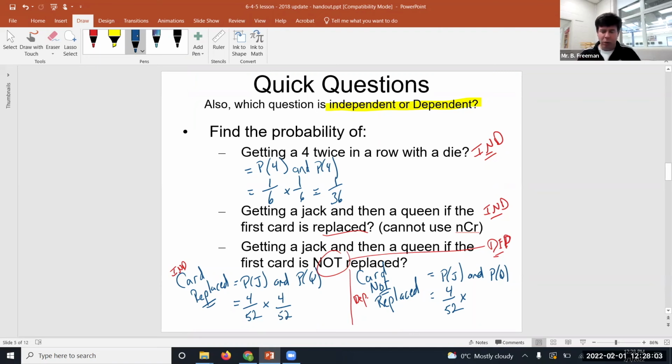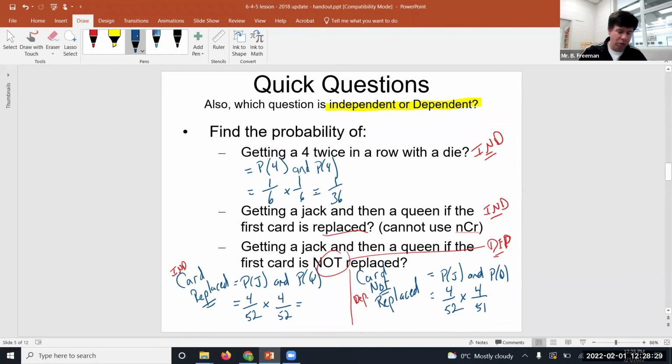But if I do not replace it, I no longer have the 52 cards that are there. And so the most significant difference that we have is that my probability is now out of 51. But there are 4 queens. I removed a jack, not a queen. So there's still 4 queens, but there are 51 cards that are left. And from here, we multiply and reduce the fraction.